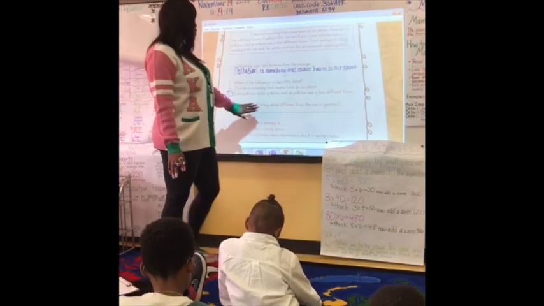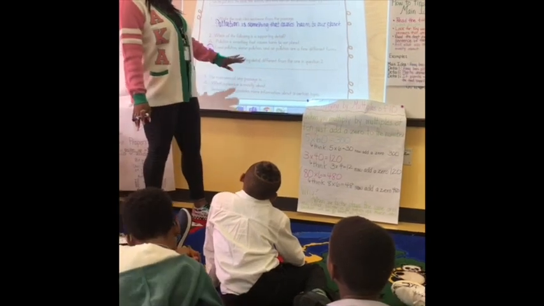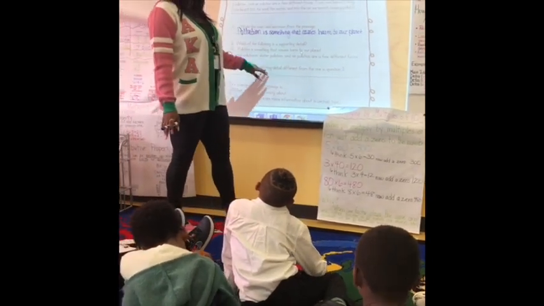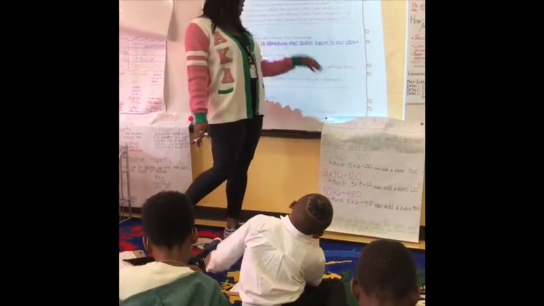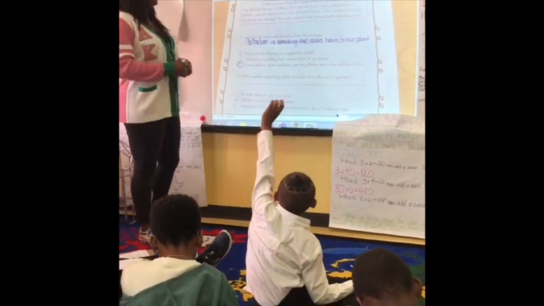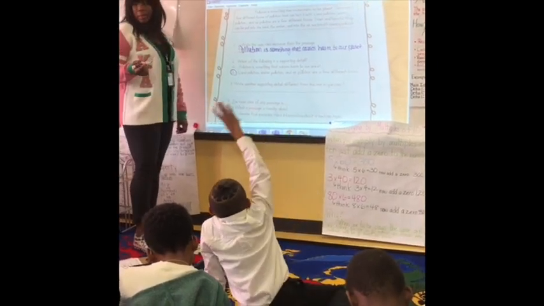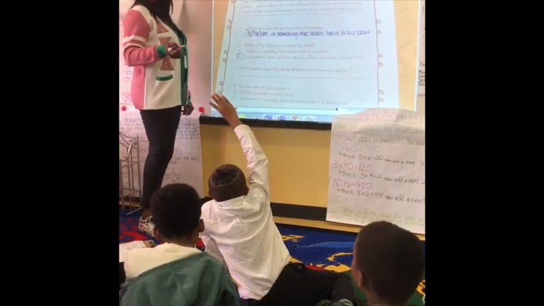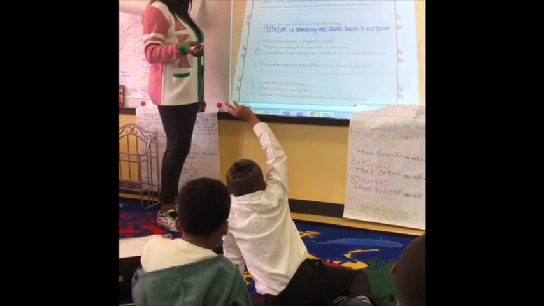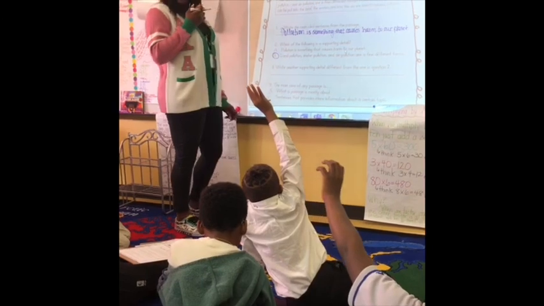Write another supporting detail different from the one in question 2. So what's something else that can tell us that pollution is harmful? That it is something that causes harm to our planet. Nobody else? I only have these few people in my class.